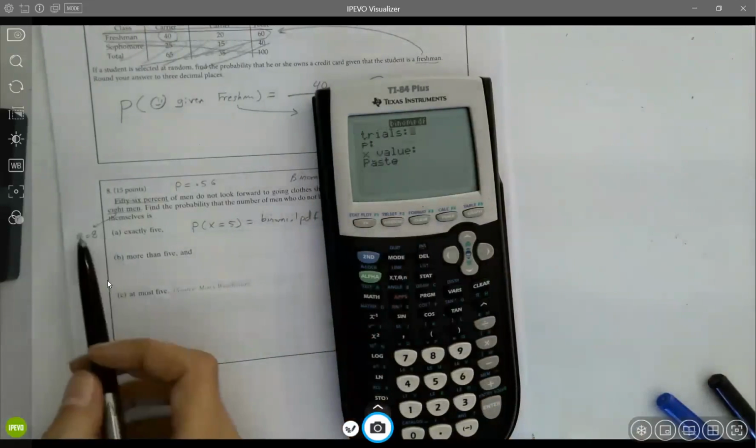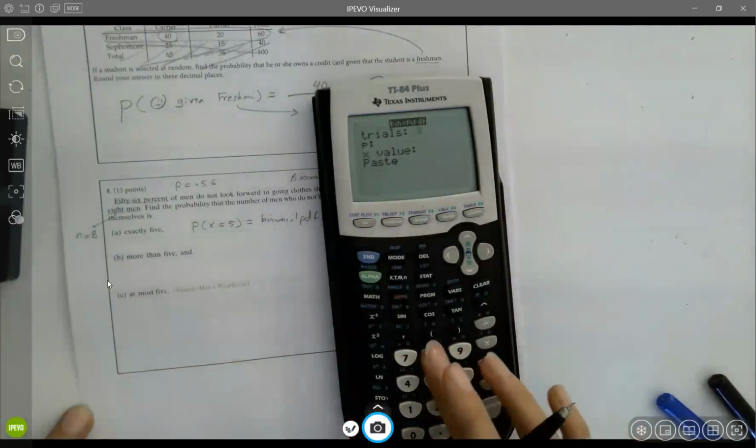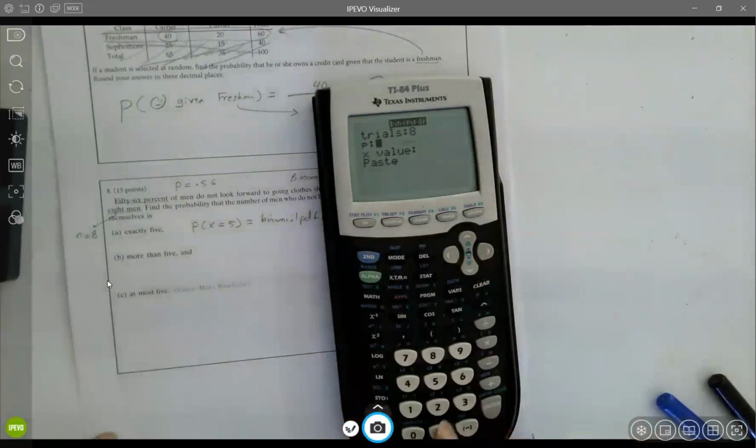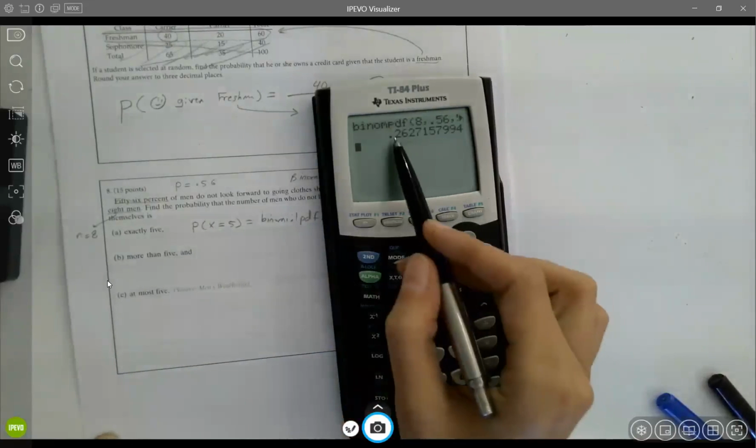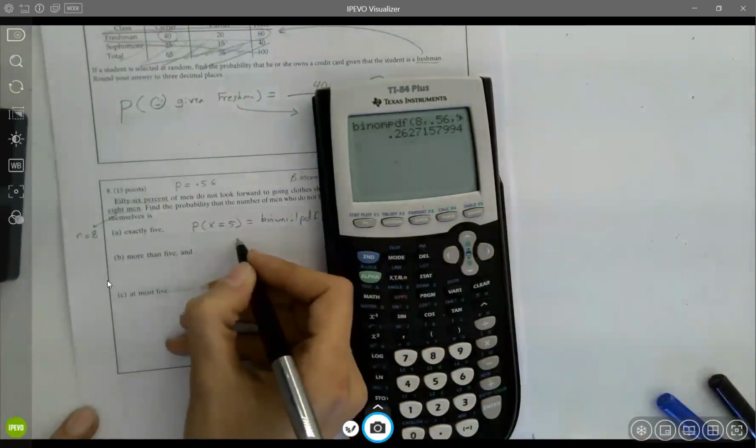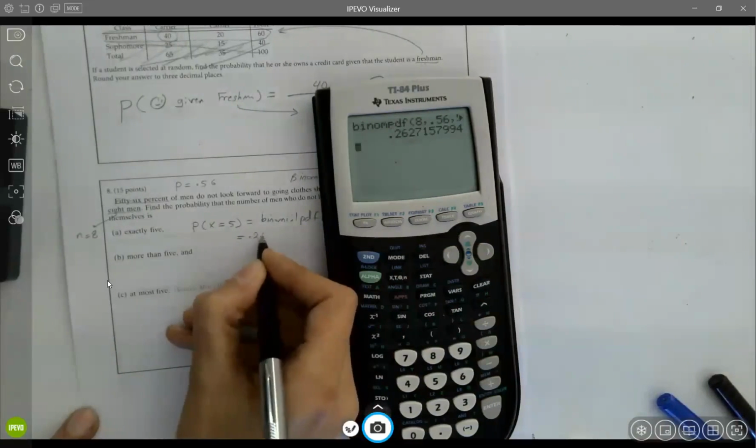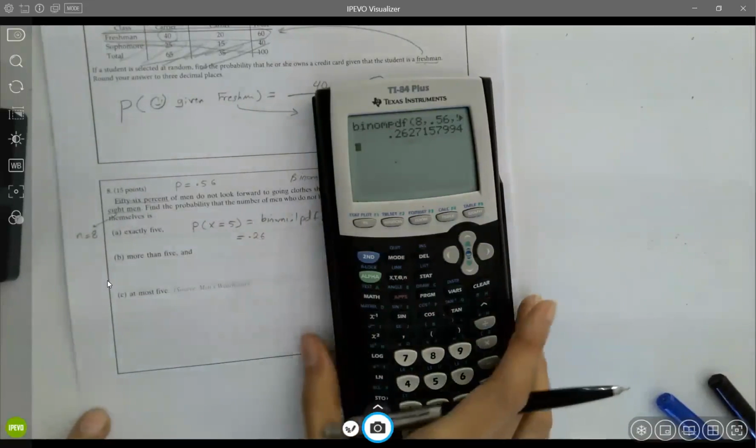The number of trials is 8, p is equal to 56%, and x is equal to just 5. Let's do the calculation. It is 0.26, so this probability is 0.26 or 26%.